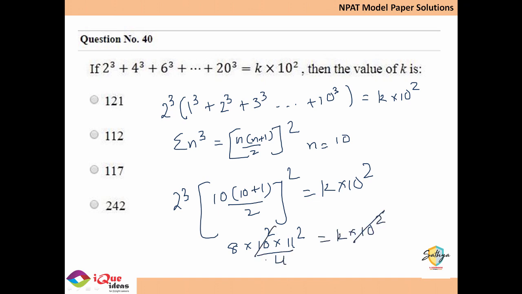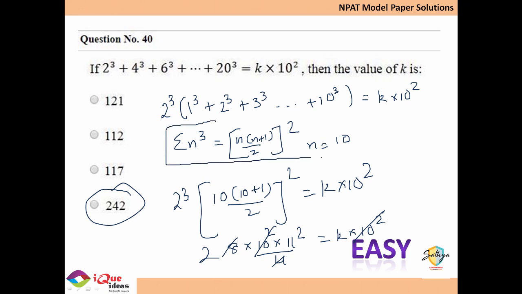So if I eliminate the 10 square, 4 and 2, then k is 121 multiplied by 2, which is equal to 242. So again, a very simple sum. All you need to know is that the sum of the first n cubes is given by the formula (n into n plus 1 by 2) the whole square, also known as n square into (n plus 1) the whole square divided by 4. So these were the 40 sums of NPAT.